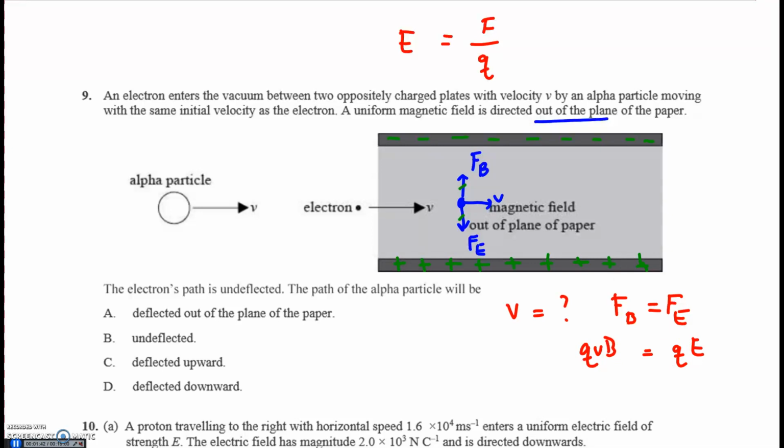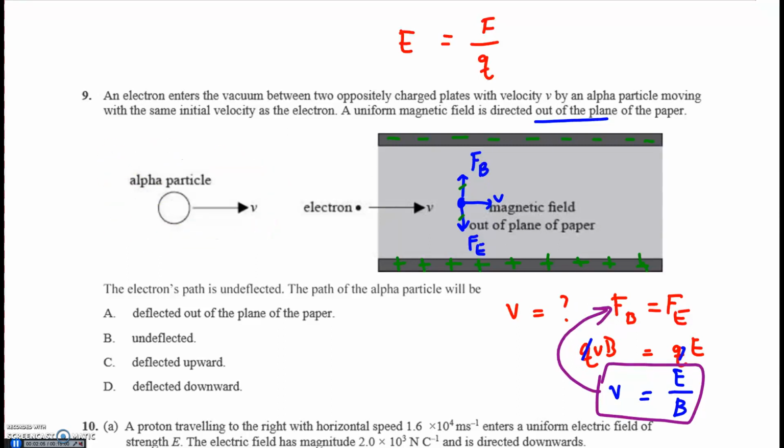And the Q's cancel out, and if I solve for V, I see it does not matter what the mass is, what the charge is, or anything else about the particle. As long as you have this speed, it will be true that the two forces cancel.